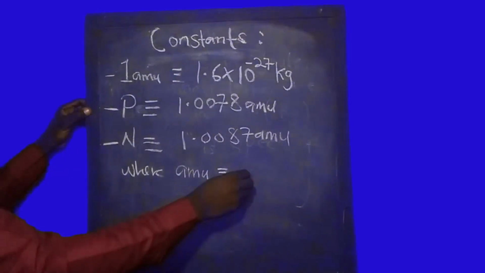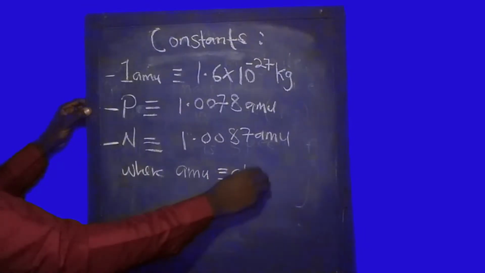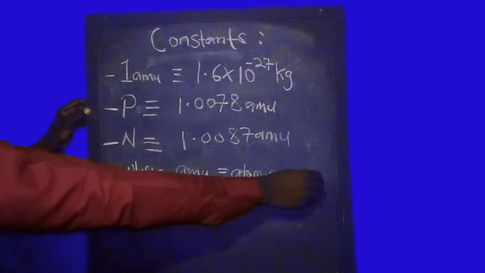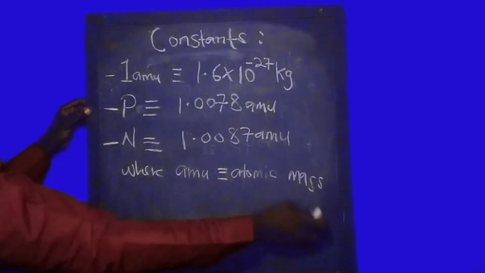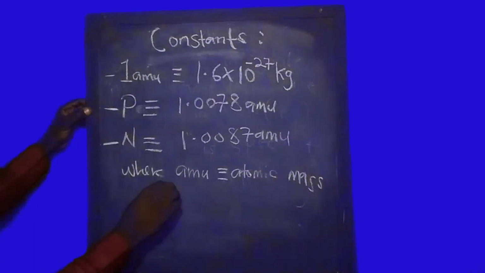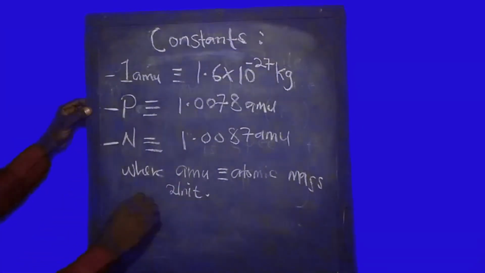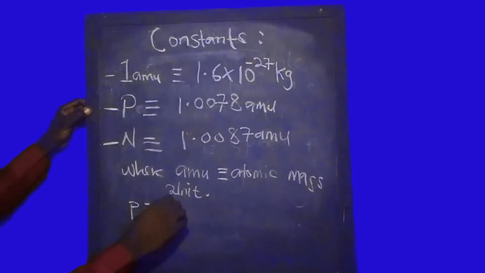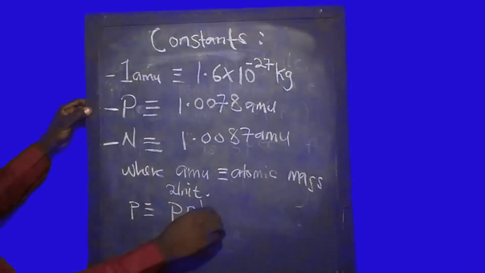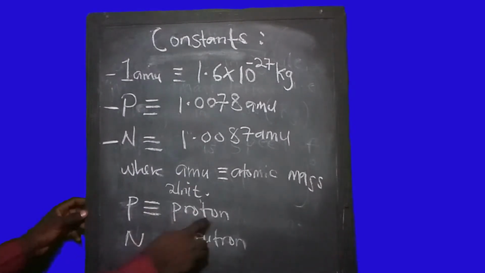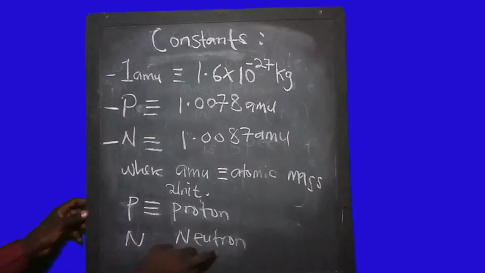where AMU is also equivalent to atomic mass unit, and P is equivalent to proton and N is a neutron.